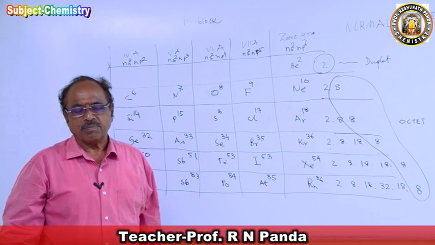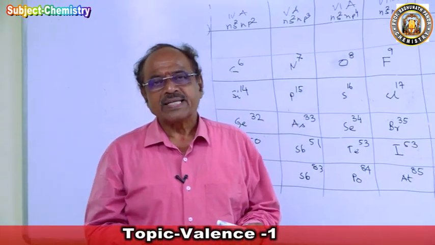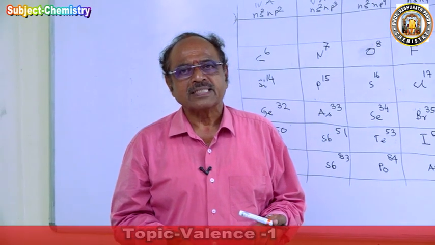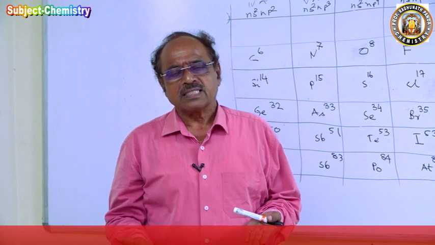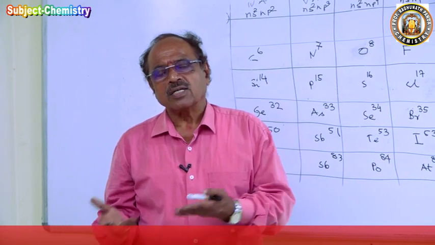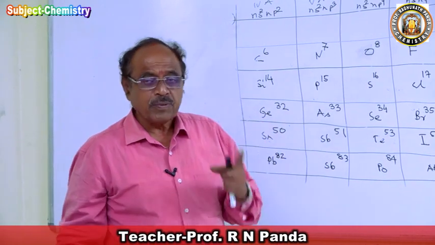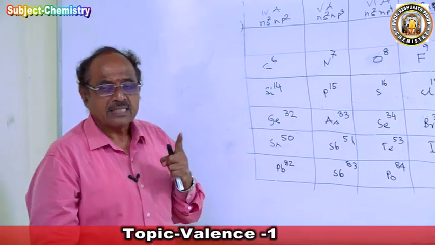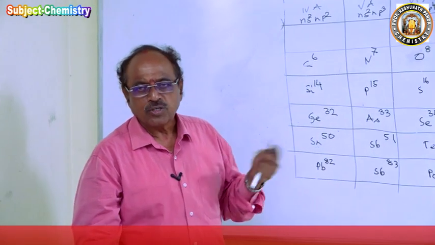So 8 minus group number will give us the valency, or group number will give us the valency. The group number is the maximum valency state of the element. It will not be more than that.